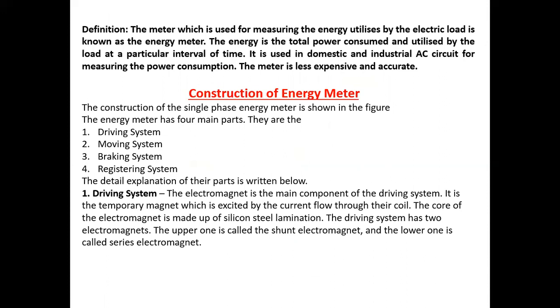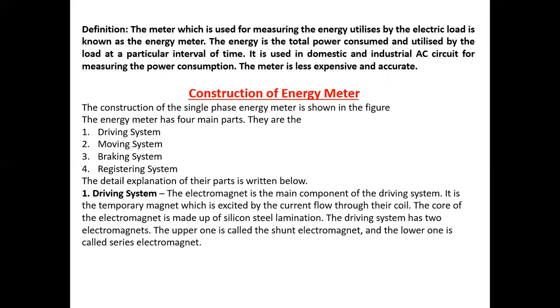It produces the magnetic flux. It is a temporary magnet which is excited by the current flowing through the pressure coil as well as the current coil. The core of the electromagnet is made up of silicon steel lamination.